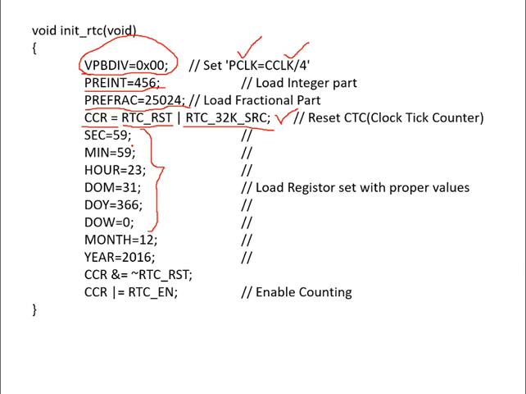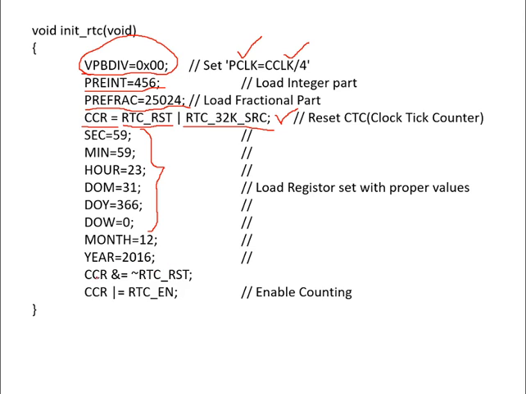So 59 seconds will become 0, because after 59 it goes to 0. Once seconds are counted, minutes will also go to 0, hours 0 to 23 will become 0, and this will also become 0. So initially all the registers will become 0 after this.